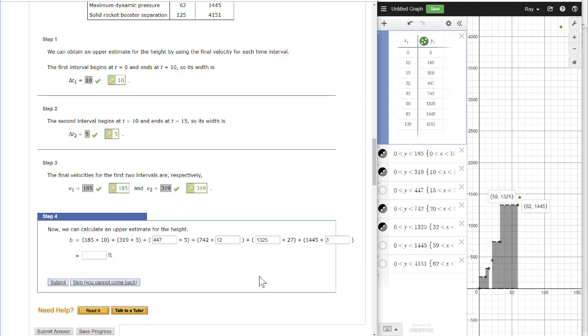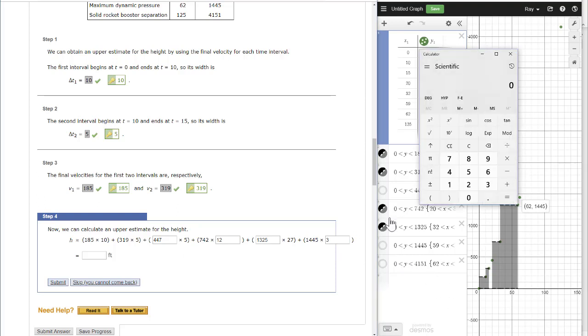Okay, so these are our values, and now we just want to multiply them all. I wish we would have done this in Excel, but let's just take out our calculator and see if we can do this really quick. We have 185 times 10, and I'm not going to use parentheses. It might be good to use parentheses, but I know that the order of operations tells me to compute my multiplication first before adding them up.